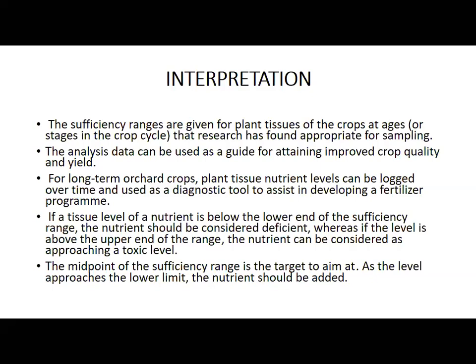The tissue analysis or leaf analysis is the most important for banana crops because of its broad leaves and efficient uptake of nitrogen, because these crops heavily require nitrogen from soil.